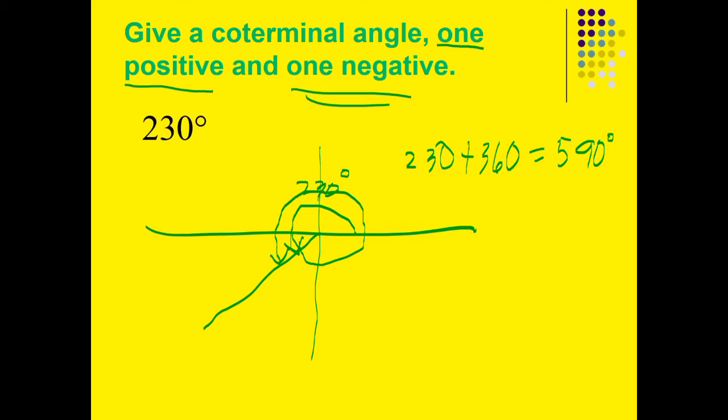How about the negative? So we are going to work with the clockwise direction. So in the clockwise direction, we have from here going that part. So if this is 90, this is 180, to make it 230, so we have here 50.